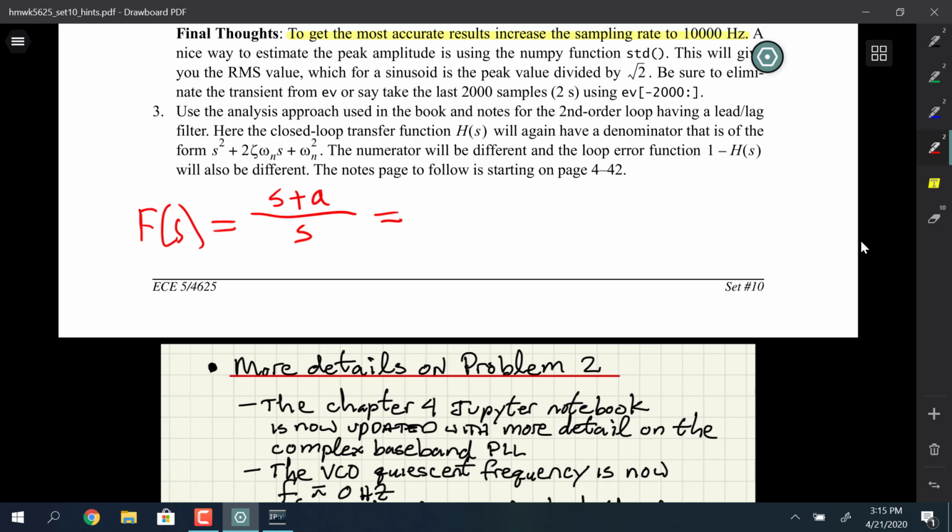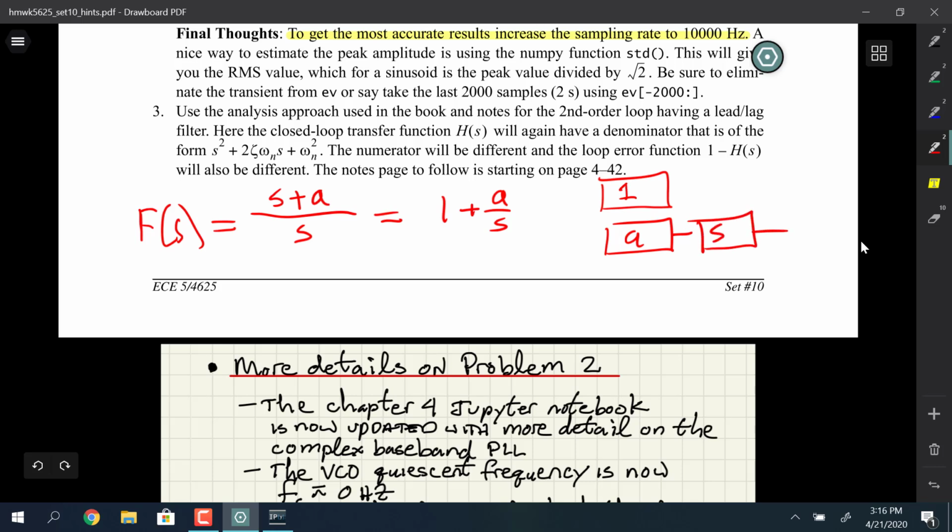And then if we write that out, it's 1 plus A over S. So in terms of our loop filter, the way we could represent this is a block like that, and then we have a gain block A, and then we have another integral.